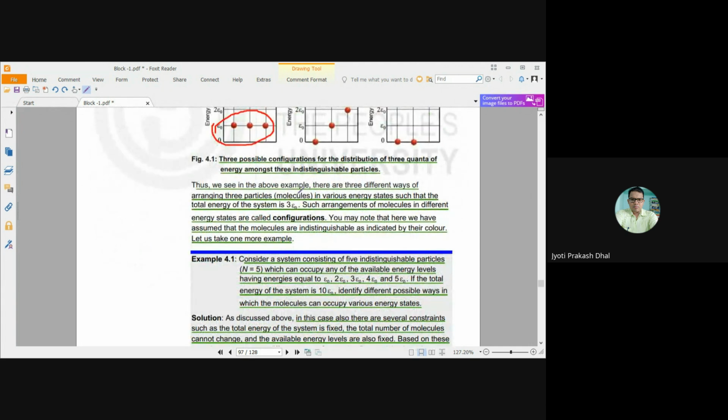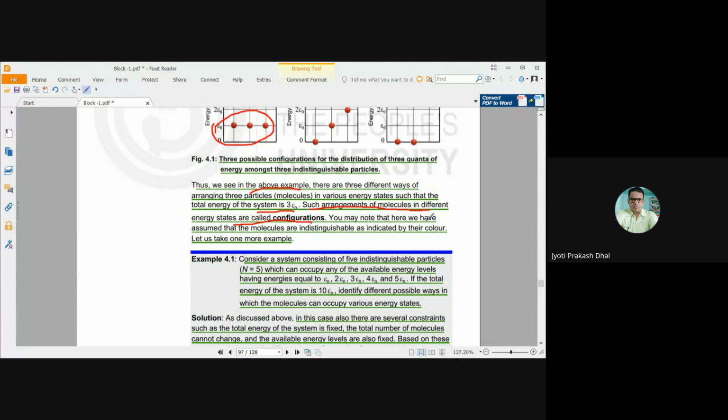Thus we see in the above example there are three different ways of arranging three particles in various energy states, such that the total energy of the system is 3 epsilon 0, or 3 quanta. Such arrangements of molecules in different energy states are called configurations.